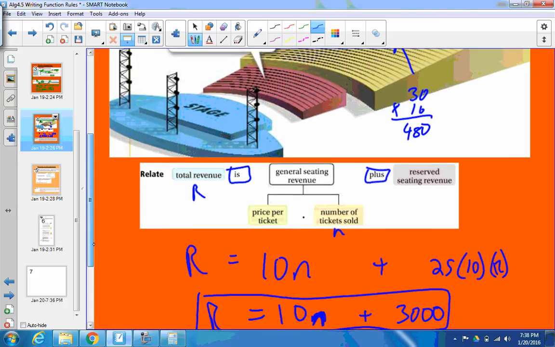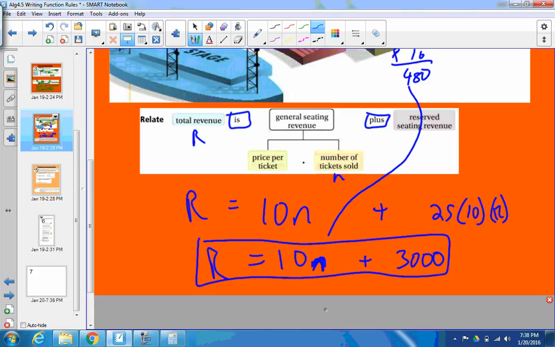So if we were to plug that in for our N, and I'll do that in a different color, we'd have R equals 10 times 480 plus $3,000. So that would be 10 times 480 is 4,800 plus 3,000. So the revenue could be $7,800. That would be our total possible revenue if it was a full house.